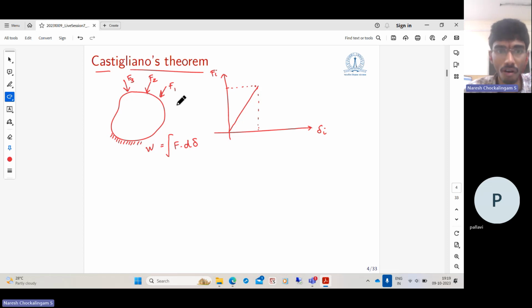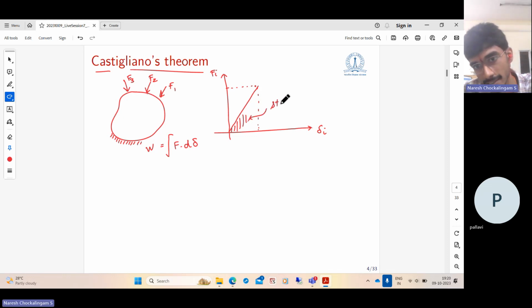By conservation of energy, all the work that we do into deforming this body has to be stored in the body as strain energy in the absence of other dissipation, such as friction or plasticity. If you increase the forces from 0 to a value, and it results in some deformation of the body, that will be stored as the strain energy. So the area under the force displacement curve, this is the strain energy. This can be called U.